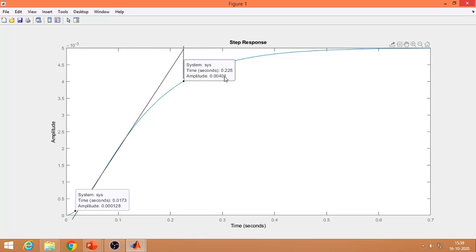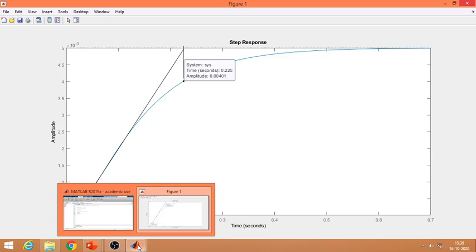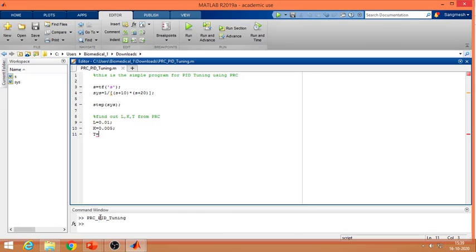What is it? It is 0.225. So what is your time constant? It is 0.225 minus 0.01, that is, minus L. So these are the three parameters we get from the process reaction curve.